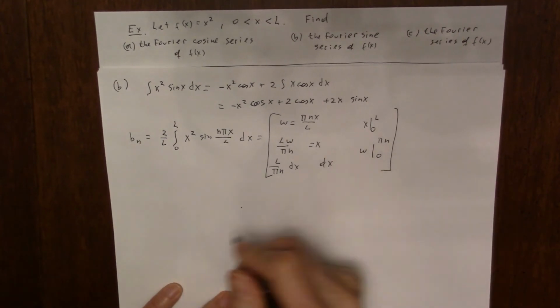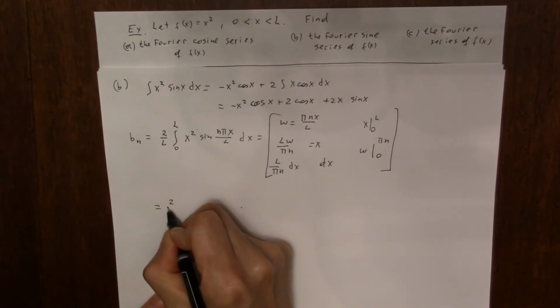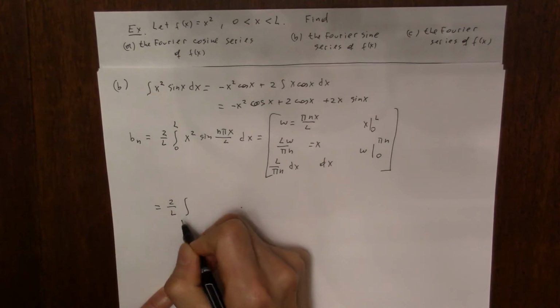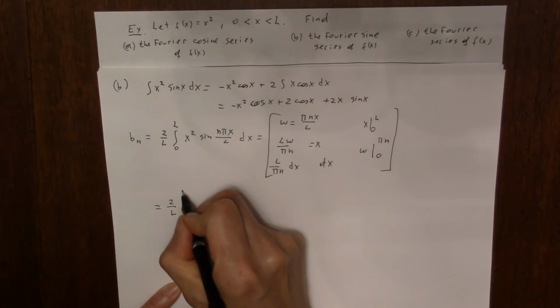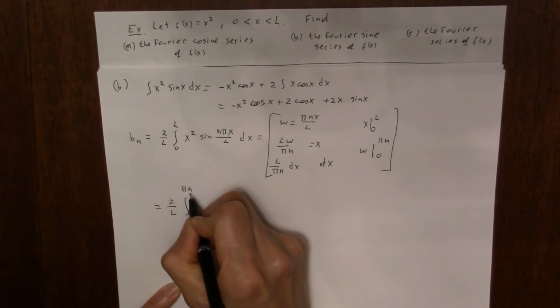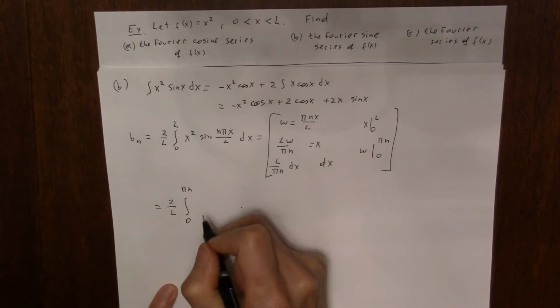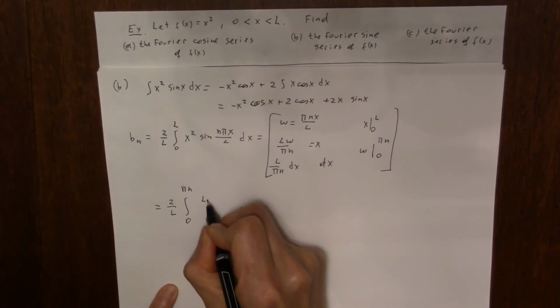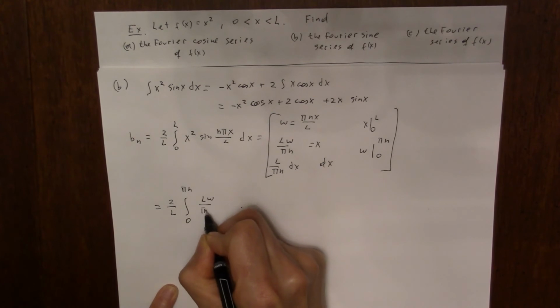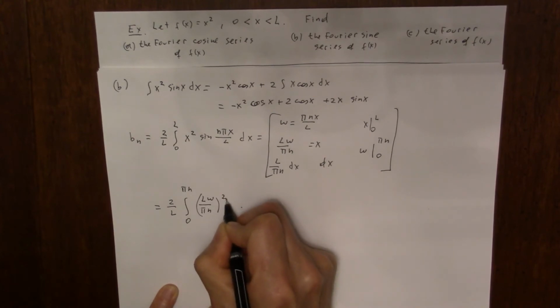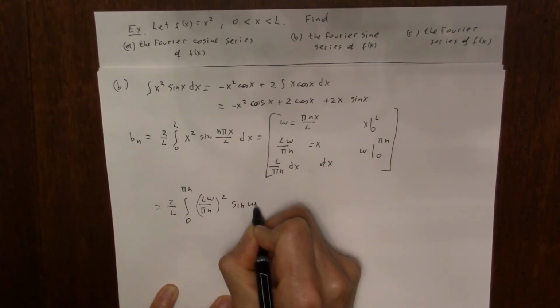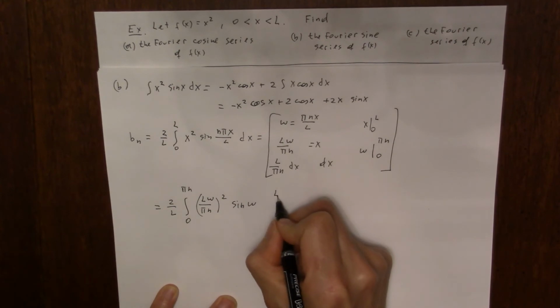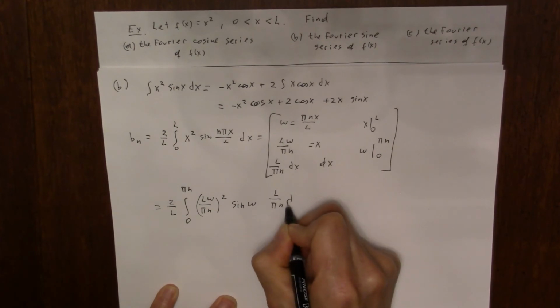So we proceed with substitution. We're going to get 2 over L integral 0 to pi n, L W over pi n squared sine of W L over pi n dx.